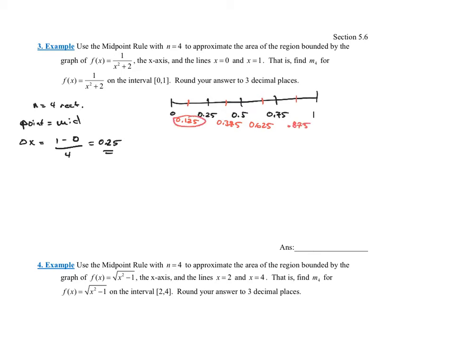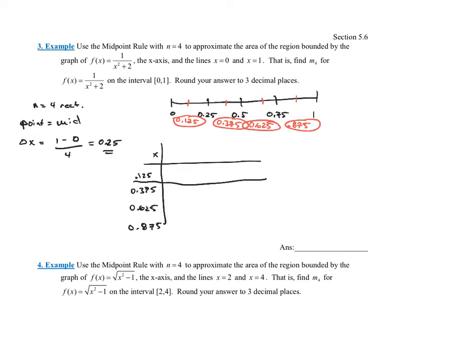So those are the 4 values that we're going to be plugging into the function to determine the heights of our 4 rectangles. So again, we have our x values that we needed, which was 0.125, 0.375, 0.625 and 0.875. Those are my 4 x values.